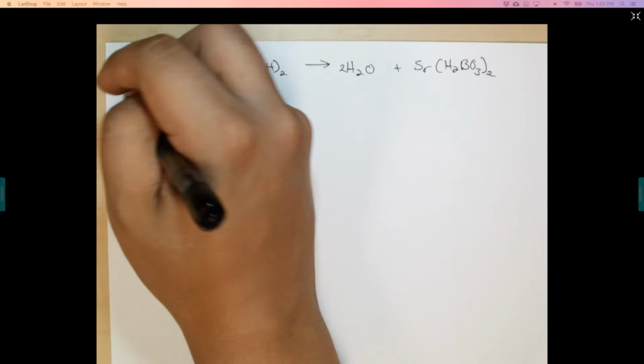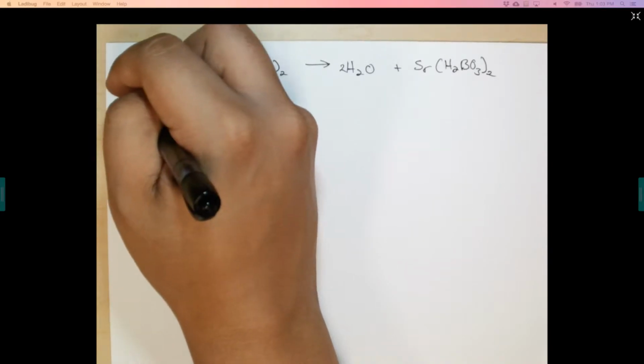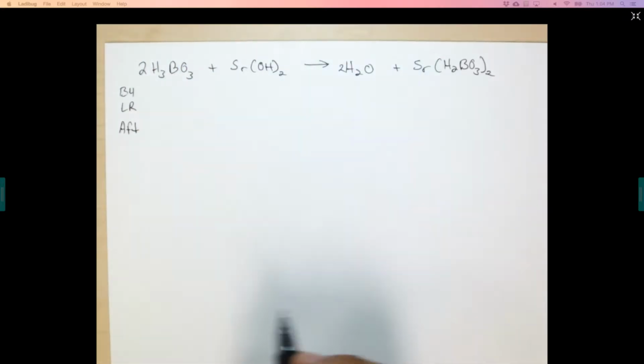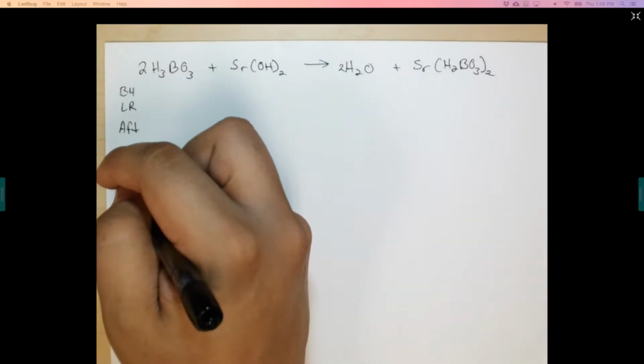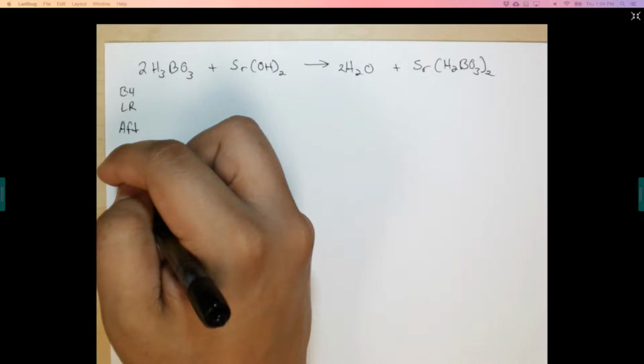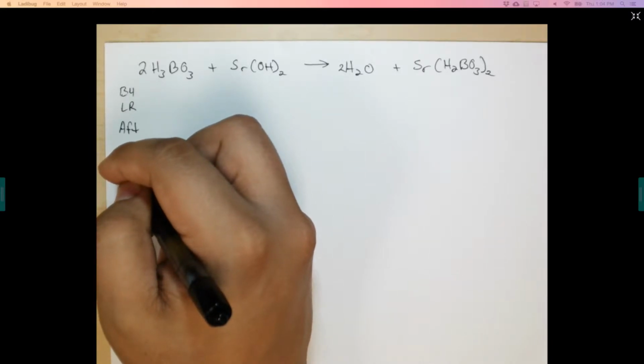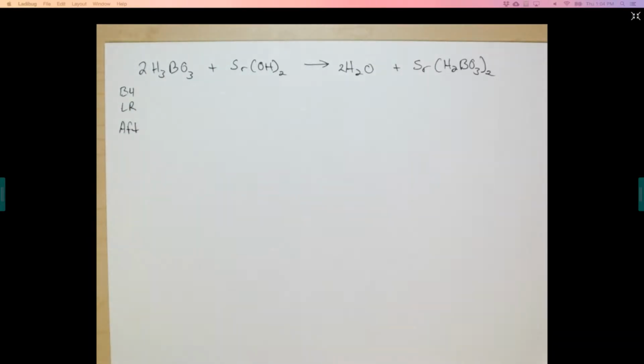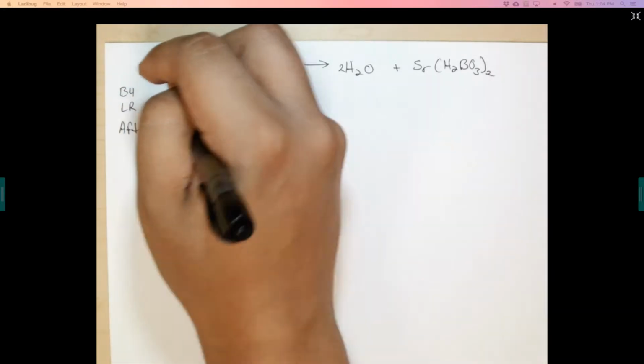So now we do need these moles. So we got the before, we need a limiting reagent, and we need after. But really quickly, we need to do some calculations on this and determine how many moles are actually being added. So we know that the total number of moles that exist in solution of the boric acid, 125 divided by 61.84, is 2.02.